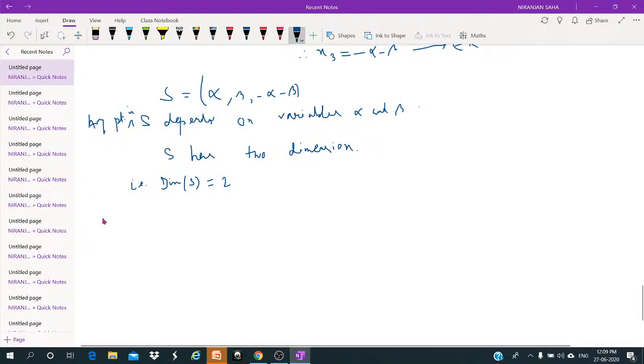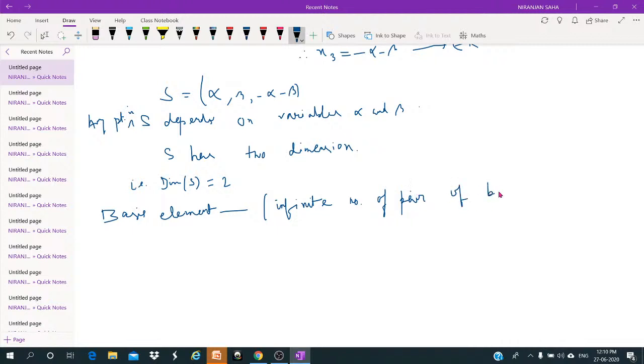We have many basis elements, an infinite number of pairs of basis elements.